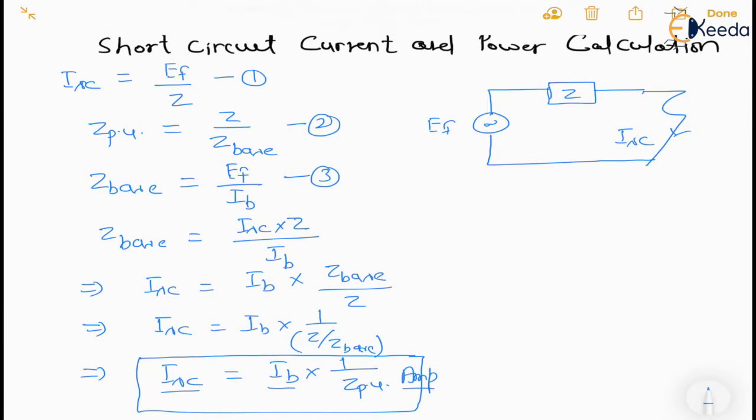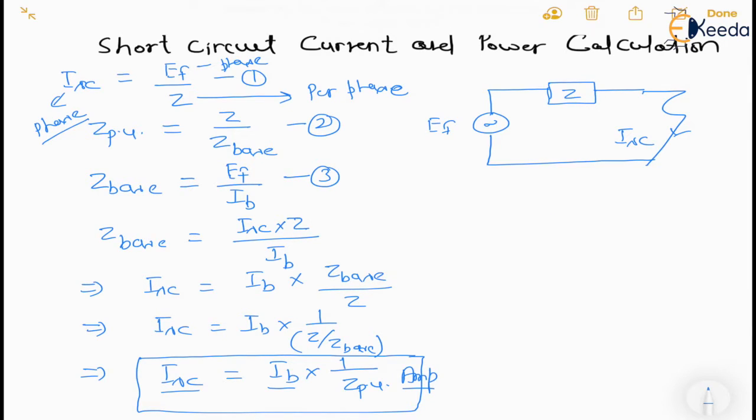You always need to remember this formula, and also you need to remember that Z can always be represented per phase. So if we are applying this formula, then this Ef is also per phase and this Isc will also be per phase.